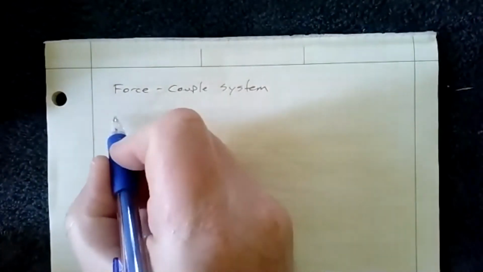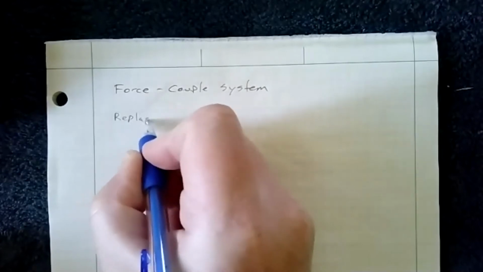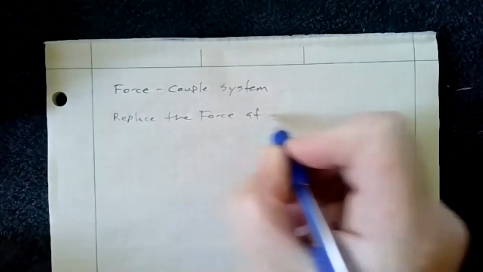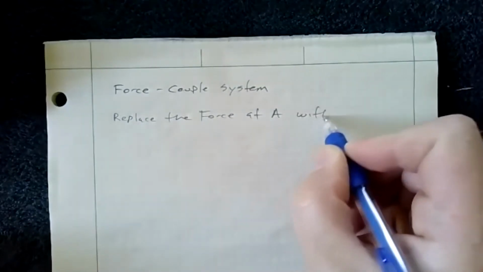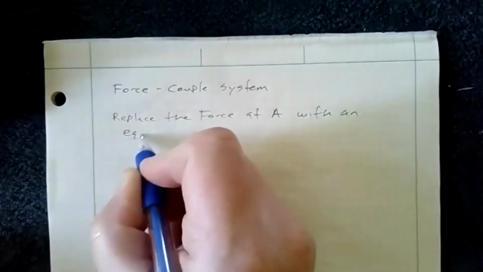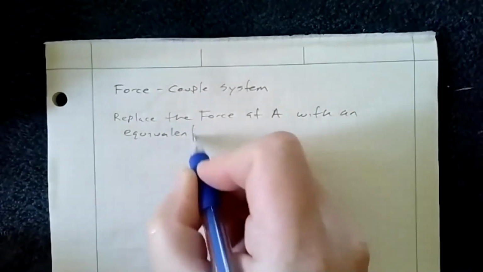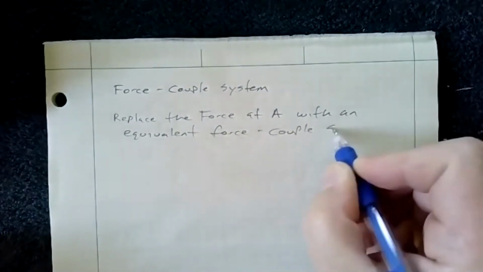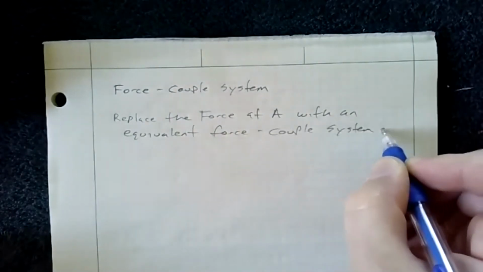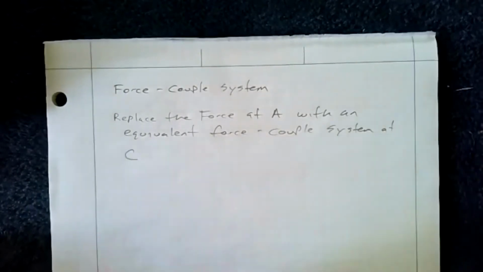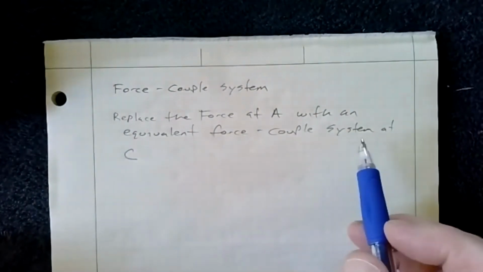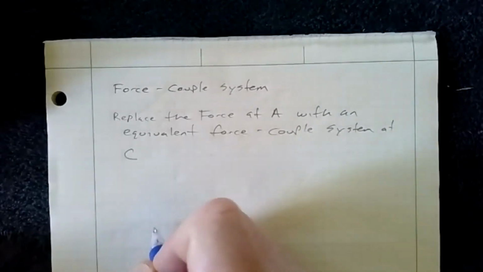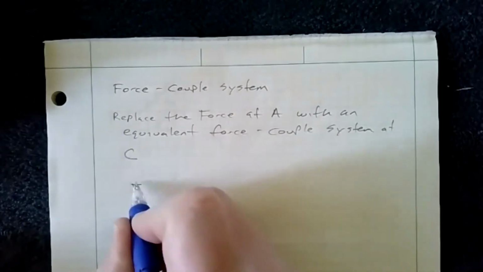It'll usually say something like, replace the force at A with an equivalent force couple system at, let's just say, C. So if you see that writing specifically, then you know your final answer is going to consist of, because it's an equivalent, first off, the first thing you want to do is write your force.